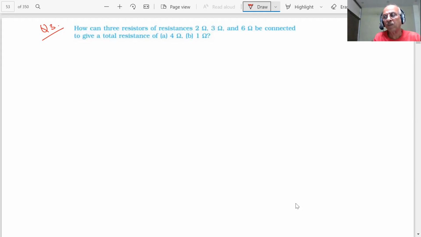These are the type of numericals which will be asked in the paper, and we must be able to understand and do them very properly so that we don't make mistakes in the exam.